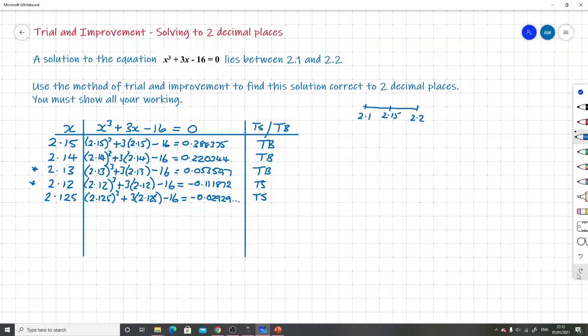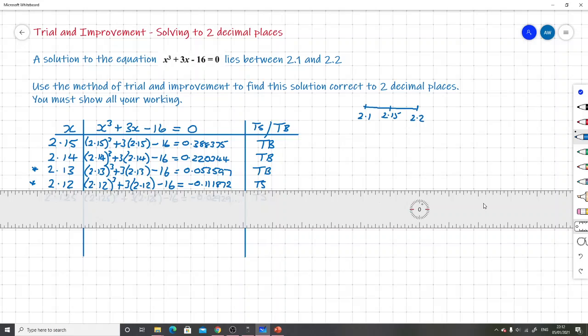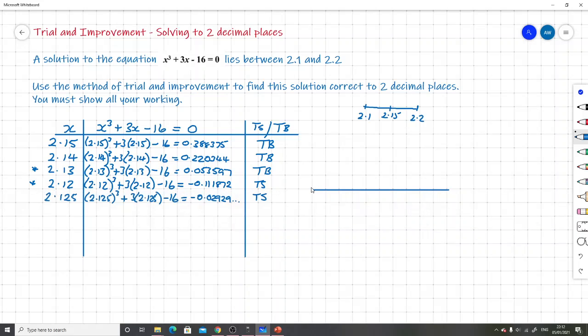Now this is where we do a little number line, remember? And I'm just going to do a little line here using my ruler. At this end I'm going to write my smaller value to 2 decimal places that it could be, my 2.12, and at this end the bigger value, 2.13, and in the middle my 2.125 that I tried just now.